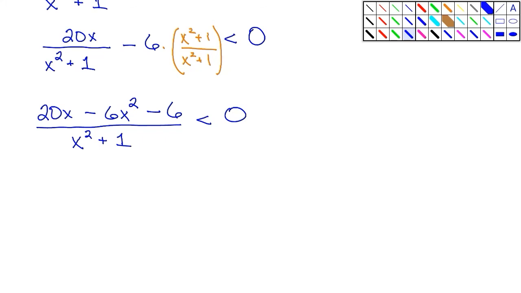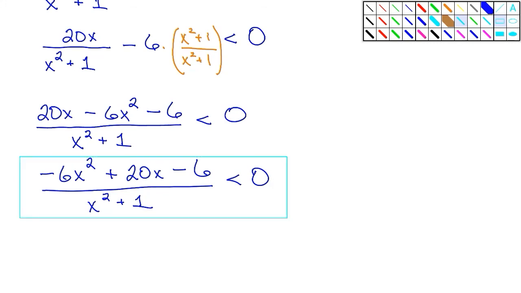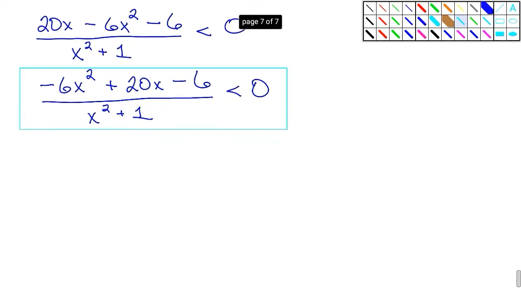Let's rearrange the numerator into the correct order. So it would be negative 6x squared plus 20x minus 6 over x squared plus 1 is less than 0. And this is the inequality that we are trying to solve. So that was step 1.